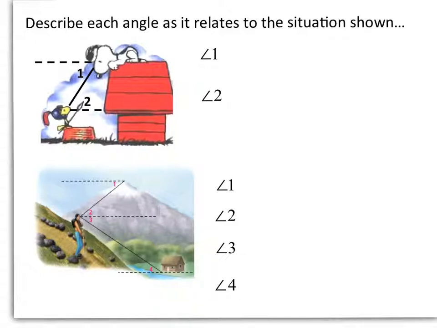In our first examples, we are going to describe each angle as it relates to the situation. So in the first one, angle 1 is an angle of depression, Snoopy to Woodstock, because Snoopy is looking down at Woodstock.